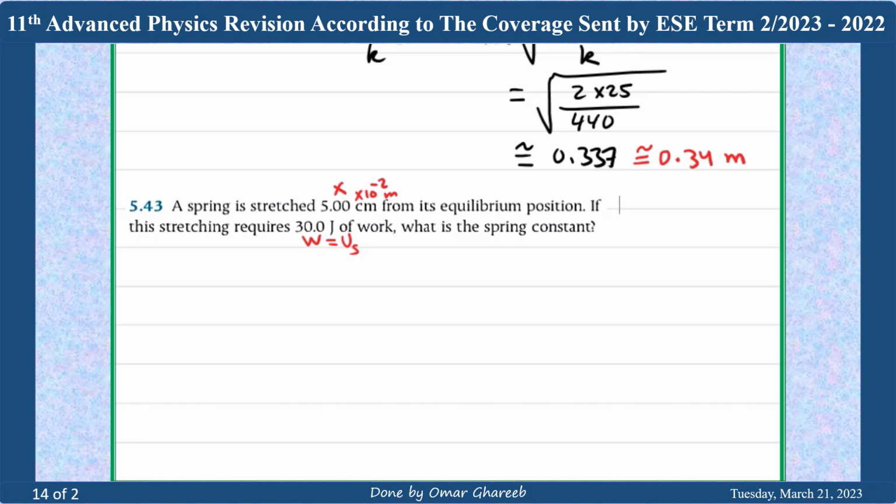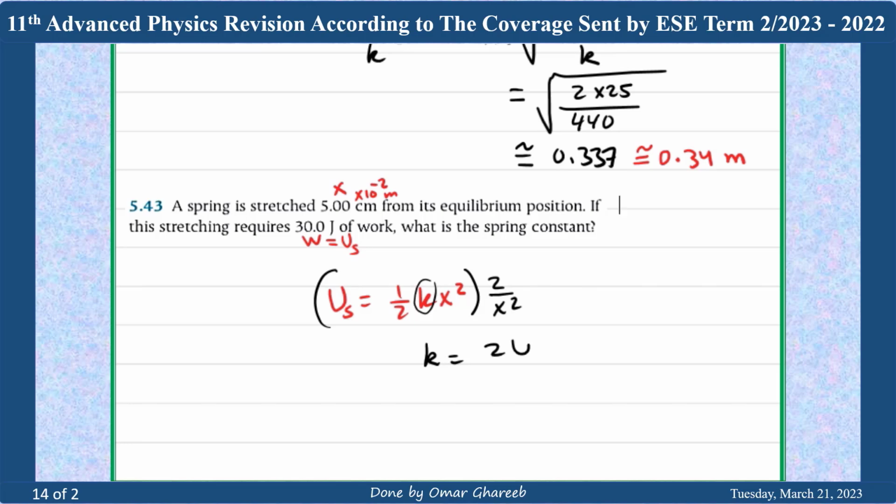It is the same, and I think they will bring this in the exam. U_s equals 1/2 k x squared. I need k, so keep k as the subject of the law. So you must multiply by 2 and divide by x squared to keep k alone.